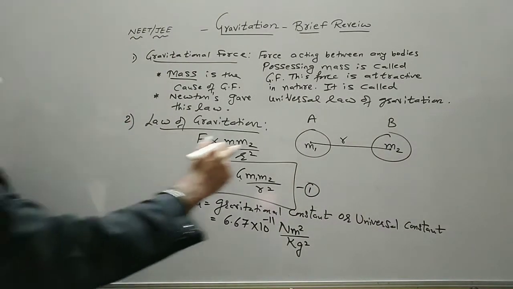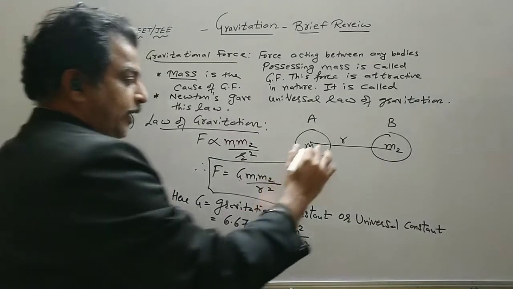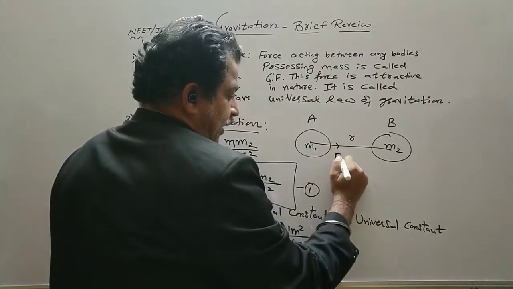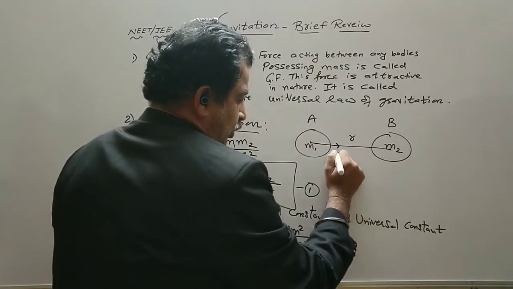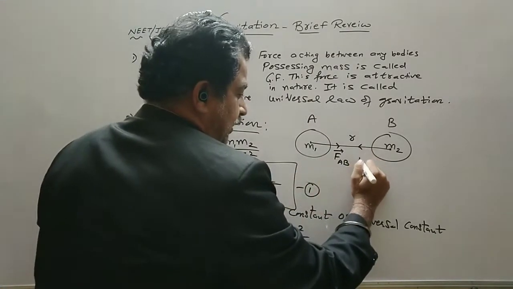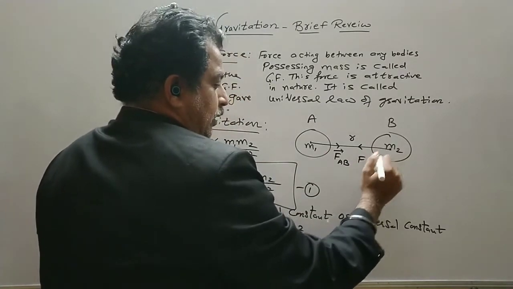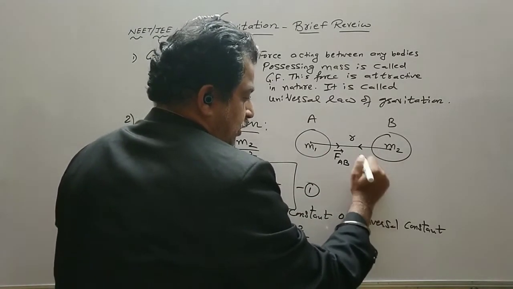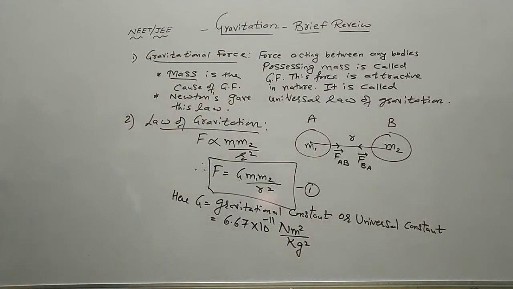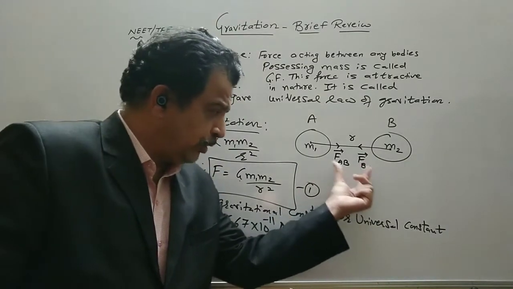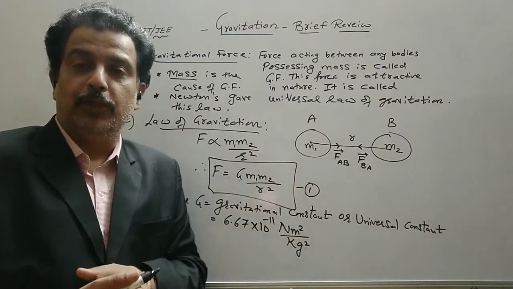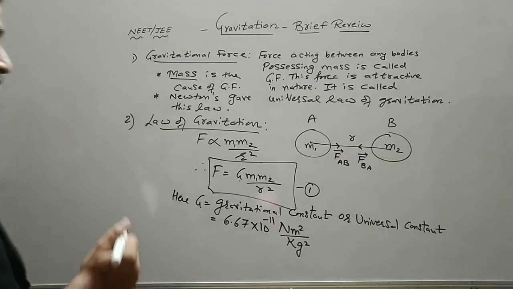Now this force is attractive in nature. It means the body A is attracted towards B. So it is denoted by force on A due to B, FAB, and this force on B due to A is denoted by FBA. Now as far as these both forces are concerned, they are equal in magnitude and opposite in direction.